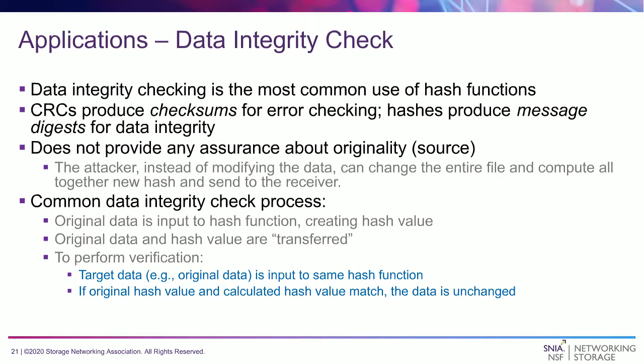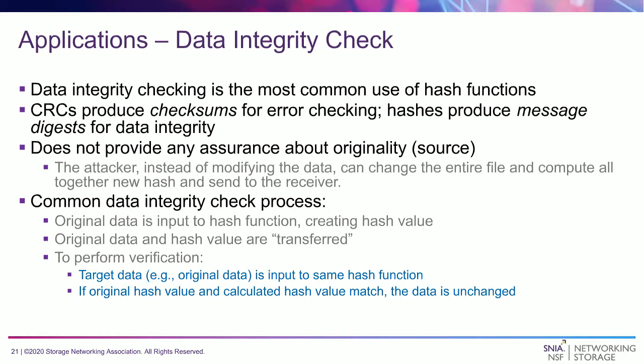Now you may be thinking that, gee, that sounds like a CRC if you're in the storage world, and there is some similarity. Checksums, which are what CRCs produce, are primarily for error checking, which is a form of, if you will, integrity checking.